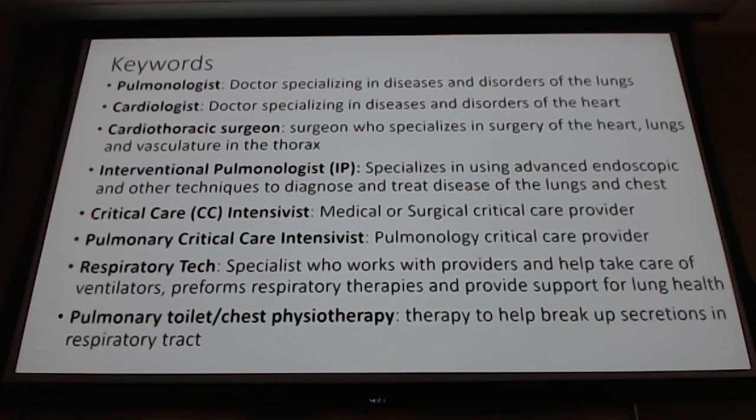Okay? When you talk about critical care intensivists, there's actually 3 different types. Actually, probably 4 or 5 different types, but these are the 3 we're going to talk about. So we have the medical critical care. Okay, they're going to be in your medical ICUs, maybe in neural ICUs, but you may actually have a neurologist. Surgical ICUs. Okay, they're going to have your surgical critical care specialists.